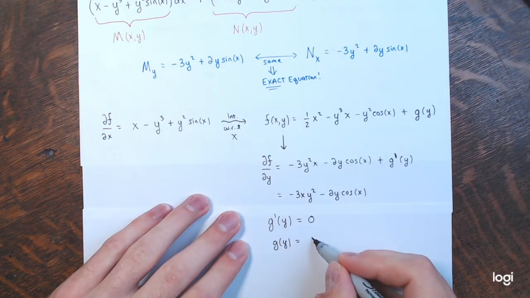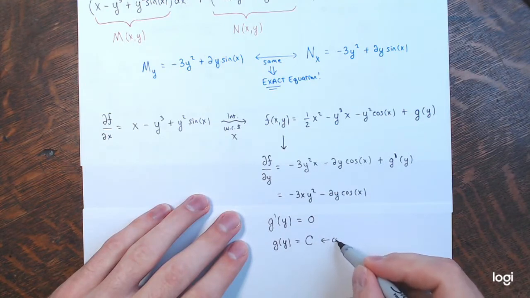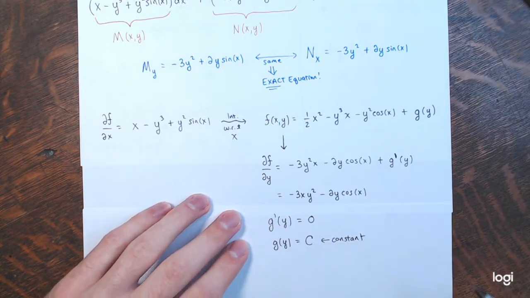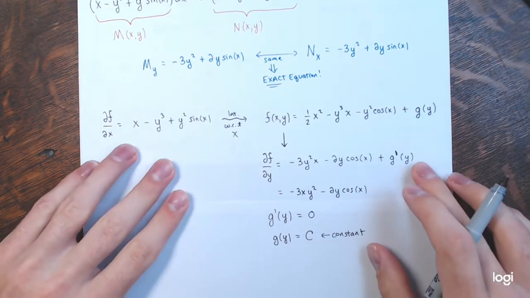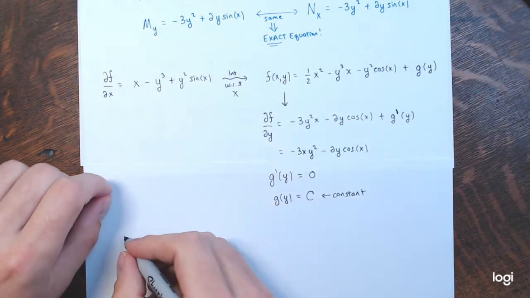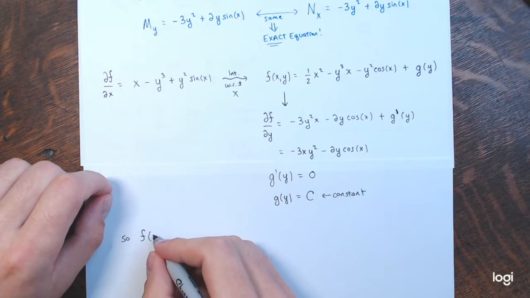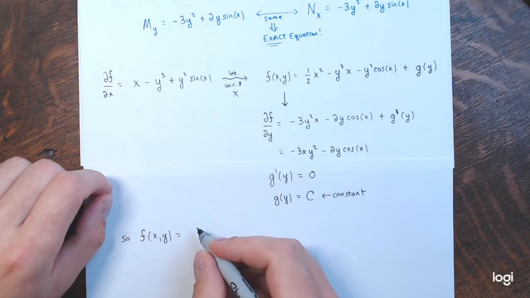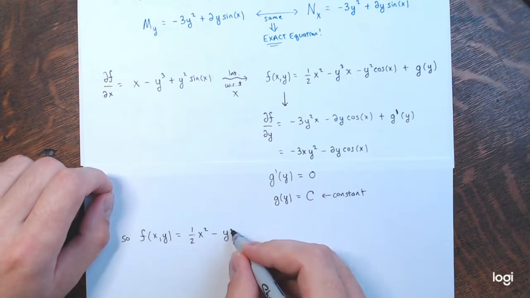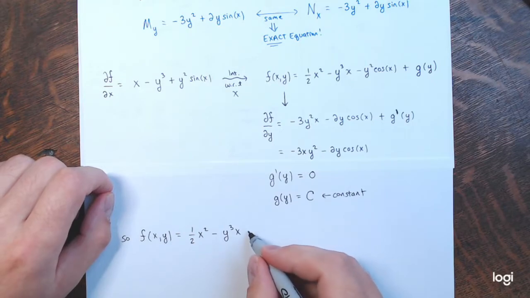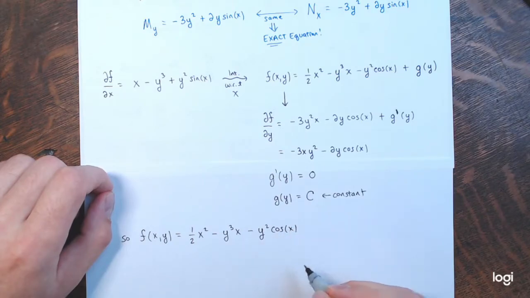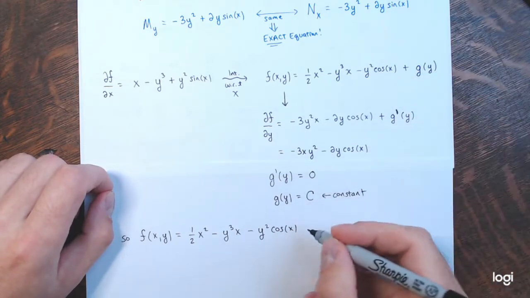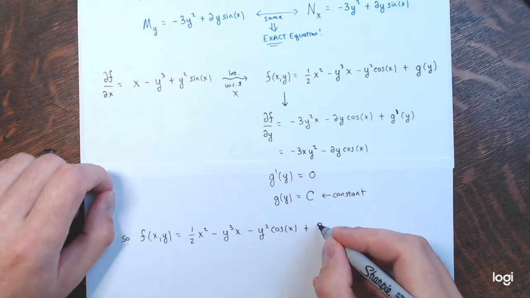So I'll say c. So that tells me now the form of f of x,y. So f of x,y is equal to 1/2 x squared minus y cubed times x minus y squared times the cosine of x plus some constant. We said g of y is just some number c.